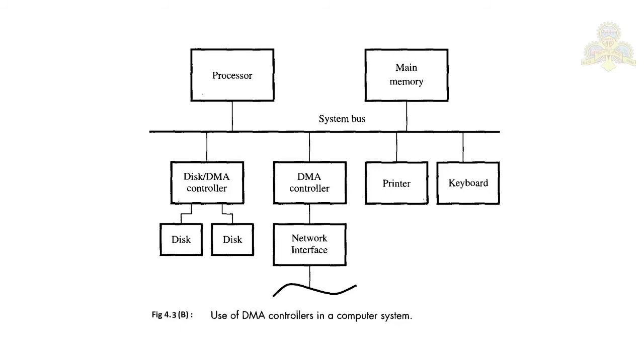The DMA controller proceeds independently to implement the specified operation, whether read or write. Whenever the DMA transfer is completed, this fact is recorded in the status and control register of the DMA channel by setting the done bit. We had seen that whenever the transfer has been completed, the done bit would be set to 1.